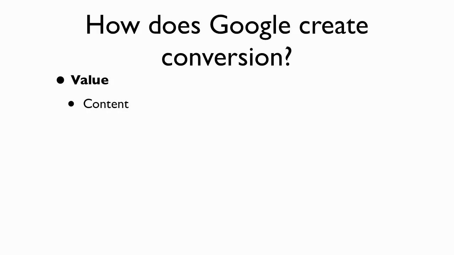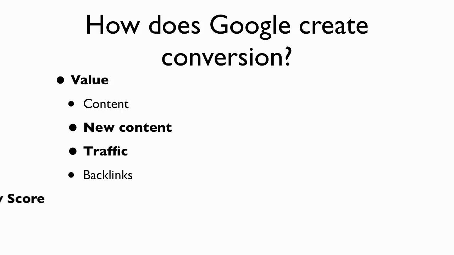What kind of content does it have on it? Is it new content? Does that site get traffic? Are there backlinks going to it? They get all that information, and then when somebody goes to search for that type of content, they serve it up in front of them. Whether it's an organic search or a paid search, by connecting somebody searching on the internet with the content that's most relevant to them, Google knows they create conversions.